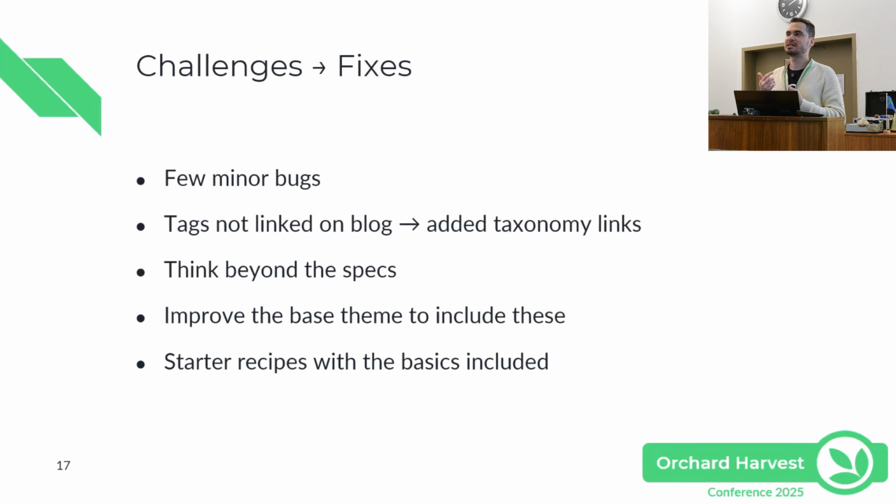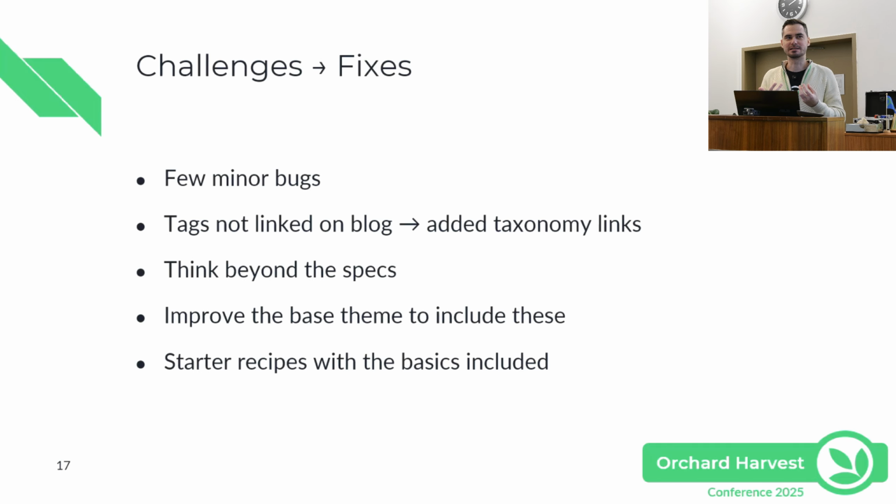But it made me realize the lesson I learned with this, that we need to think beyond the specs. I'm not talking about features that the client didn't request, but if we are implementing, let's say, a blog, probably you will need a text page. Or if you are implementing an agency website, probably you will need SEO capabilities.